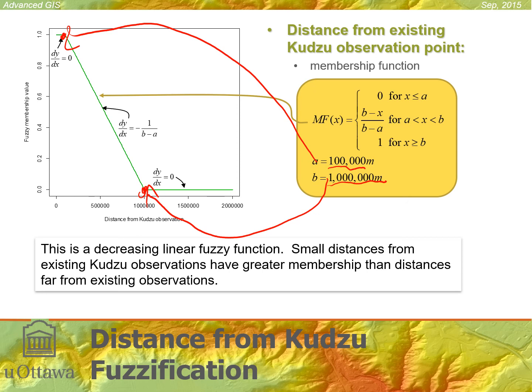Since we have full membership up to 100 kilometers, that means if you're within 100 kilometers of an existing Kudzu colony, it will be very likely that Kudzu will spread from that colony to your location, all other things being optimal.